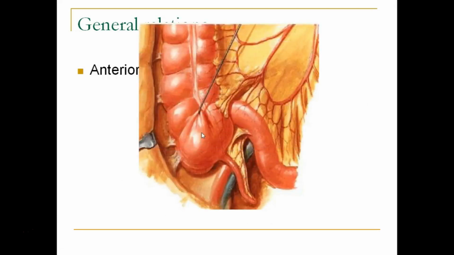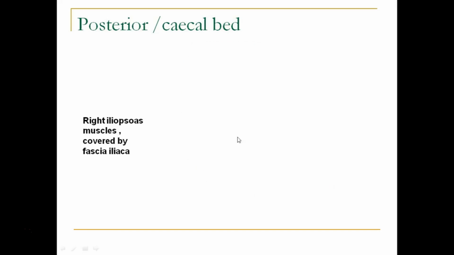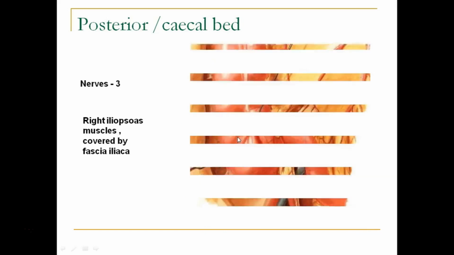So we have coils of small intestine in the anterior part. Now the posterior relation, otherwise known as the cecal bed: we have the right iliacus and psoas major muscles, which are covered by fascia iliaca. And then we have some nerves related. As we discussed, we have three nerves.